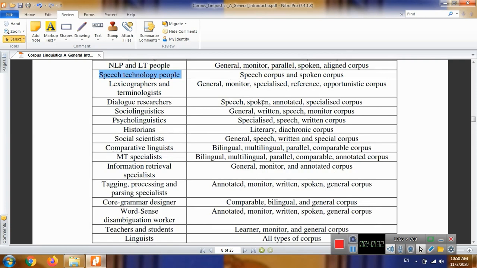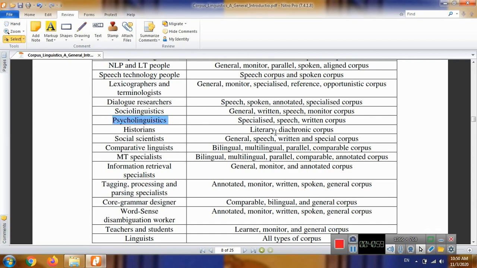The target user of speech, spoken, annotated, specialized corpus is dialect researchers. The target users of general written speech monitor corpus is sociolinguistics. Specialized speech written corpus is psycholinguistics.